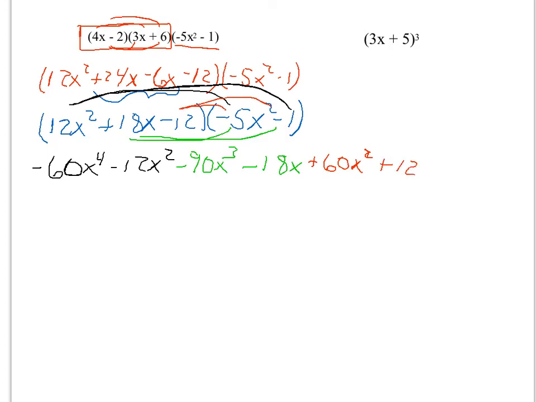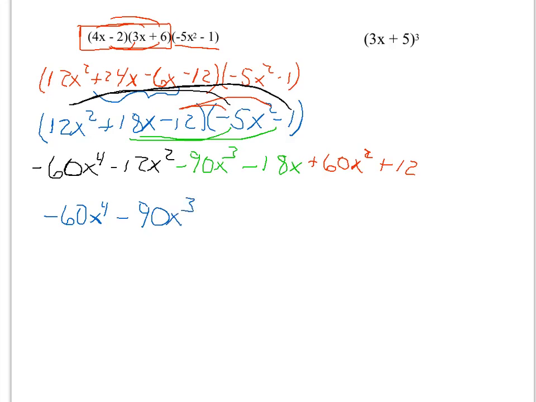And now to finish this thing off, we want to make sure that we combine our like terms. We need to still have standard form, biggest exponent to smallest. So we have x to the fourth, and that's the only x to the fourth term, so we can go ahead and bring that down. And then we move down to the x to the third term. We only have one of those, so minus 90x to the third.